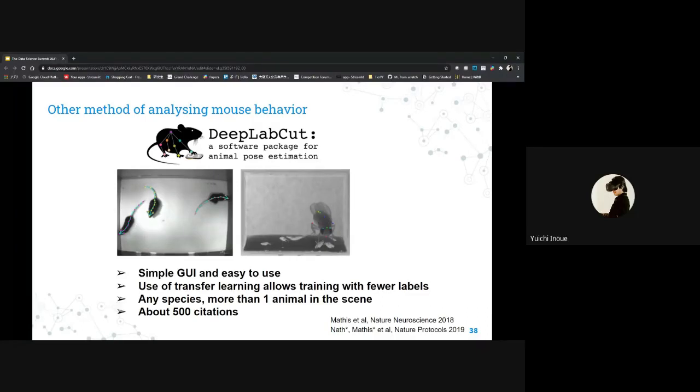It can be used for various animals, mice, flies, or other animals. I used it before and I felt it was very easy to use and recognized the mouse correctly. I believe that by using these tools, we can find new patterns of behavior phenotypes in animals.